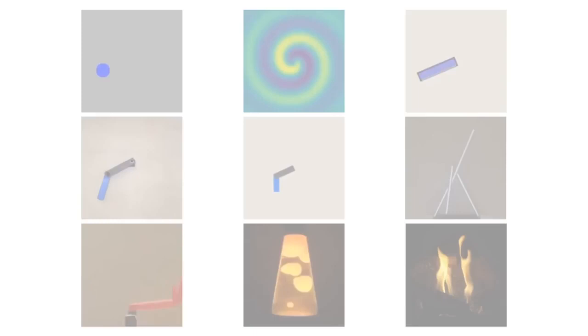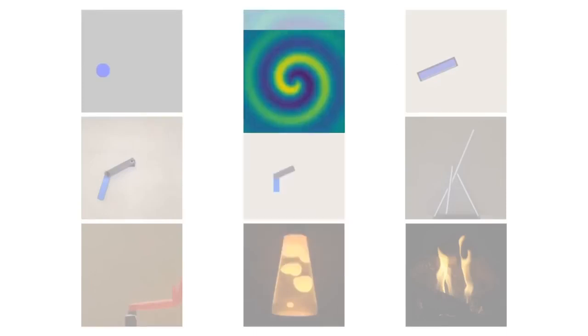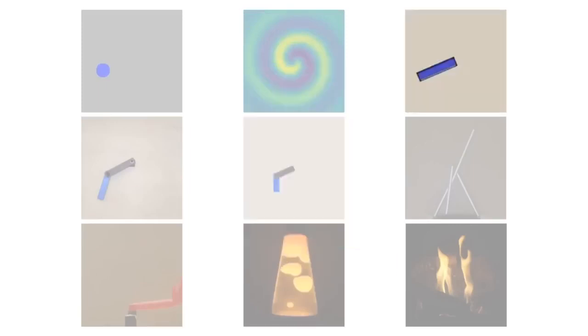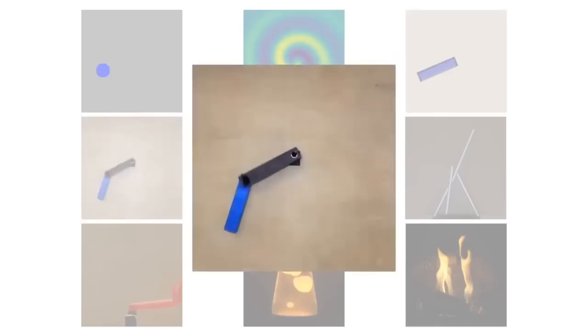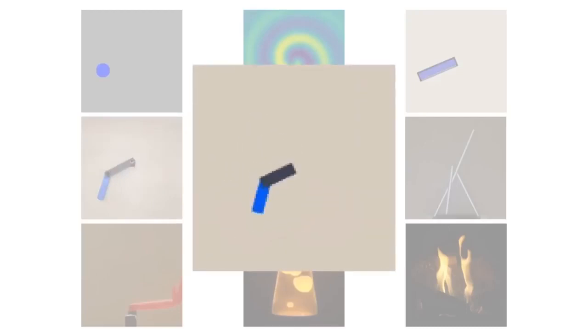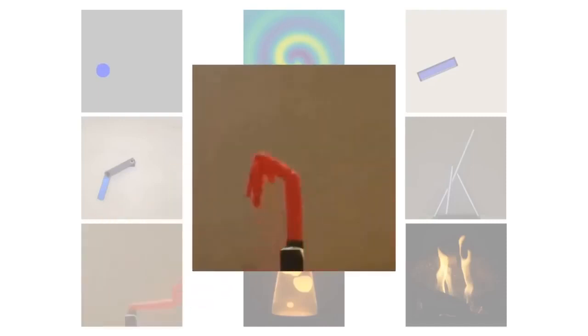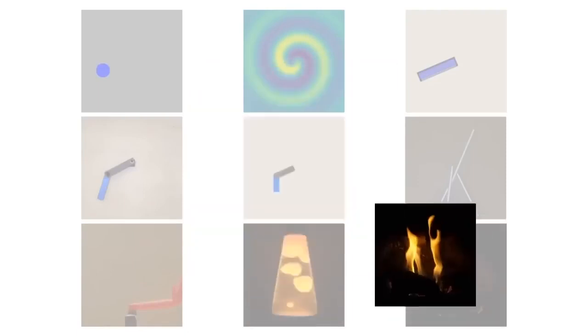These systems include a circular motion system, a reaction diffusion system, a single pendulum, a rigid double pendulum, an elastic double pendulum, a swing stick system, an air dancer, a lava lamp, and a fire system.